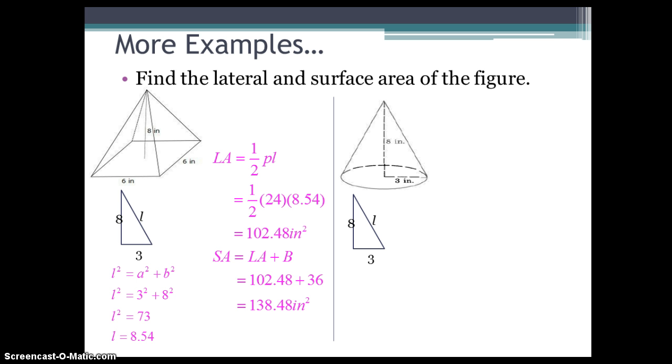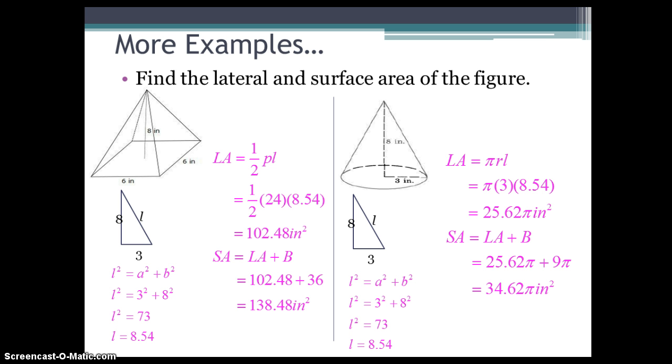Now we're going to actually have the same triangle on the next figure. It just worked out that way, that we have to find the slant height again, and my dimensions are the radius of 3 and the height of 8. So my slant height is actually going to be, again, 8.54. Now putting that into my formula, pi times the radius, which is 3, times the slant height, 8.54, gives me 25.62 pi square inches.